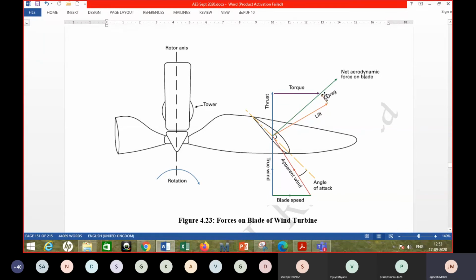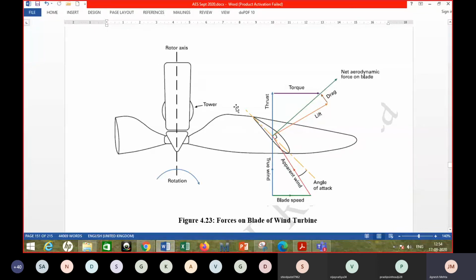The drag force contributes to the thrust force, but it is actually reducing the torque, because it is in the opposite direction. If you resolve it into horizontal and vertical components, you will see that it opposes the force producing the torque, and it helps the thrust. So drag force should be as low as possible, and you have to have a high value of lift force if you want to get high torque.